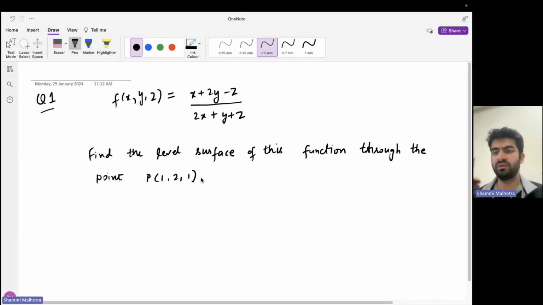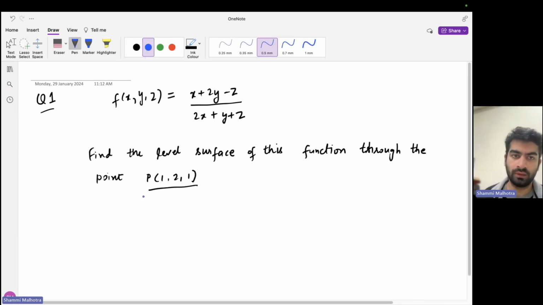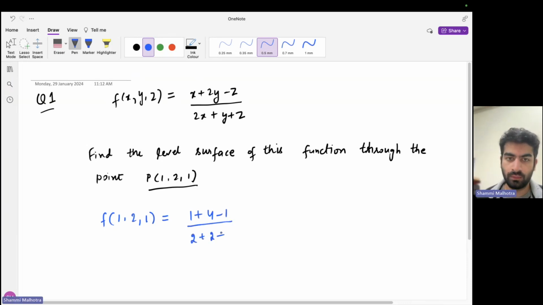So how do we solve this? To find the level surface of a function at this point, we just have to calculate the value of our function at this particular point. So the value at (1, 2, 1) will be (1 plus 4 minus 1) divided by (2 plus 2 plus 1), which is 4 by 5.